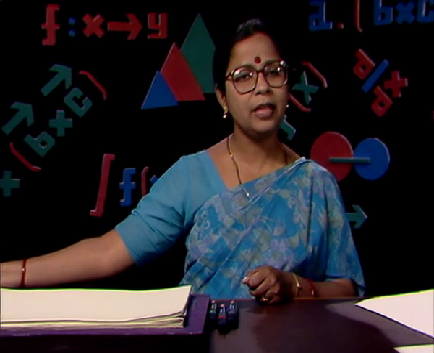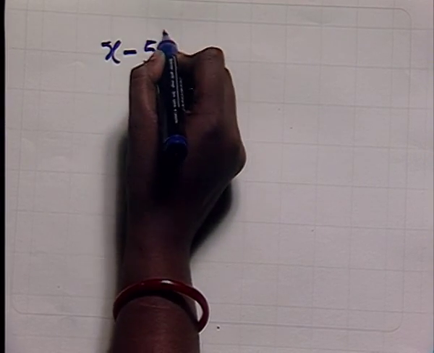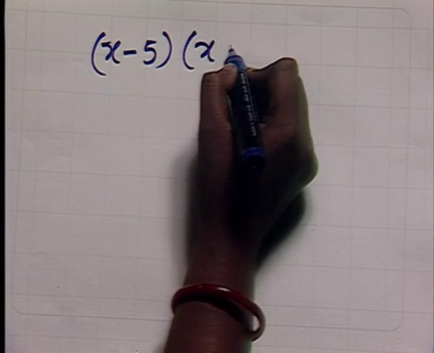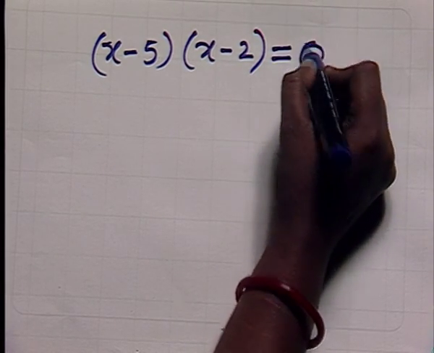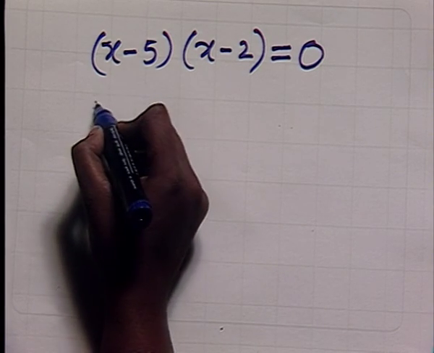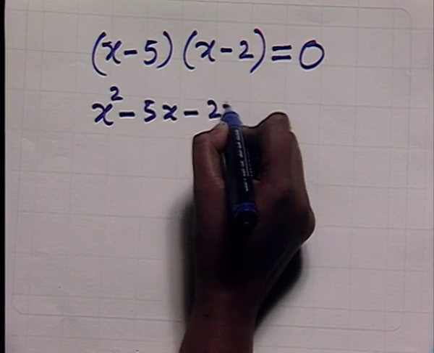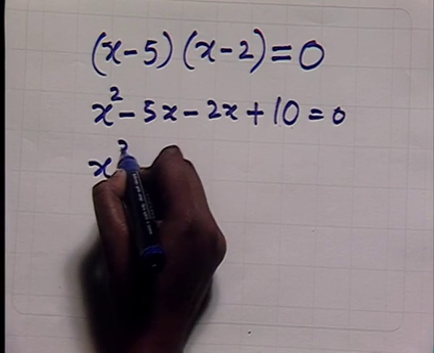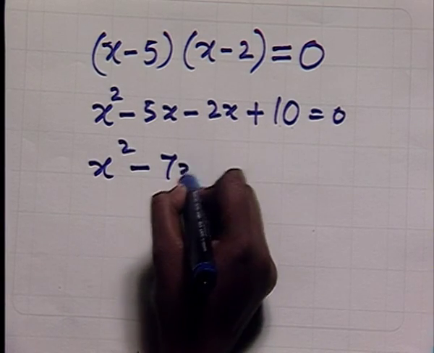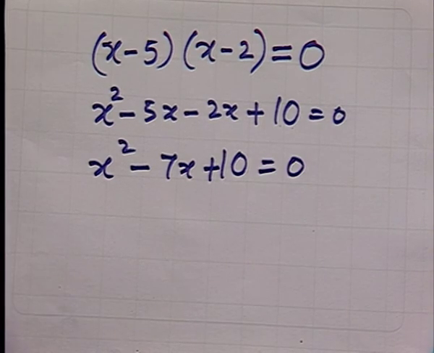Then again we have to think of the factors which give us these roots, that is (x − 5)(x − 2), and when we multiply them and equate it to 0, we get the equation as x² − 5x − 2x + 10 = 0. Hence, the equation is x² − 7x + 10 = 0.